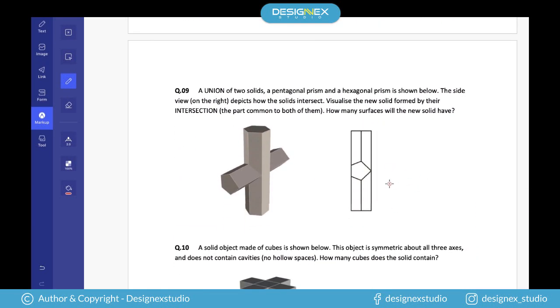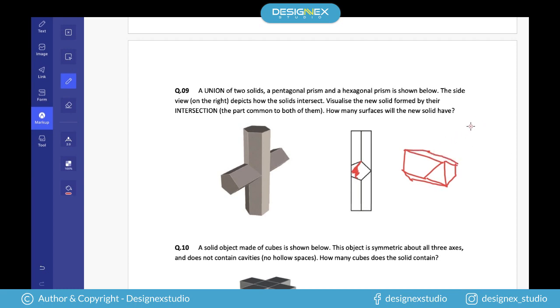So the ninth question. The image is formed by intersection of 2 points. This sort of an image will be formed, something like this: this portion, the front portion, then a triangle sort of a thing here, and one more surface below, and this one will be coming like this, and this one would be at the back.